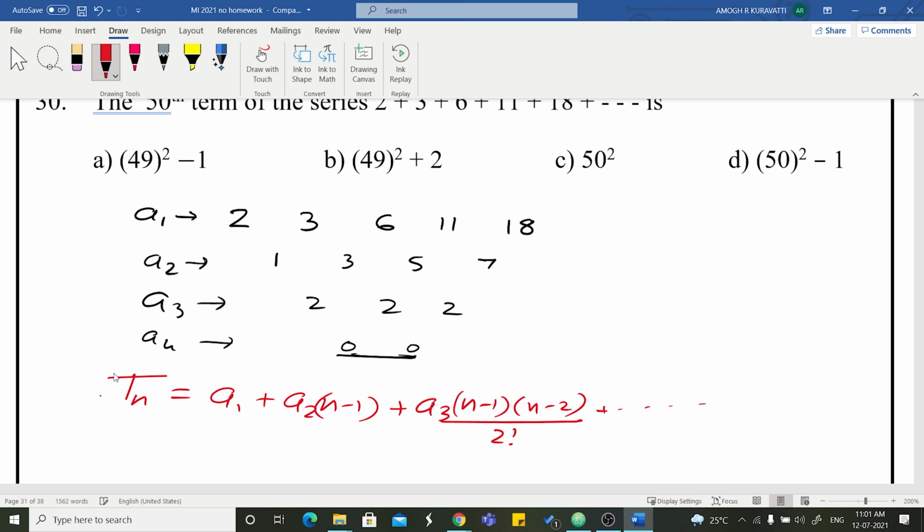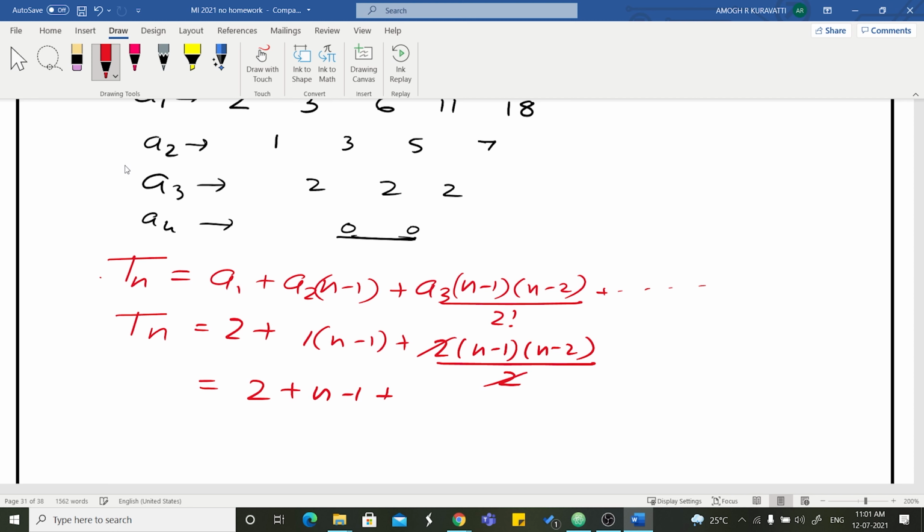Then simplify. 2 plus n minus 1 plus, open the bracket, n square minus 3n plus 2. So rearrange: n square, minus 3n minus n, 2 minus 1 plus 2 is 3. So that is n square minus 2n.